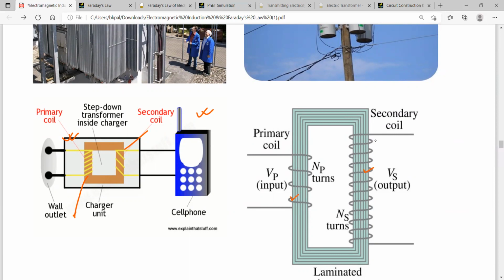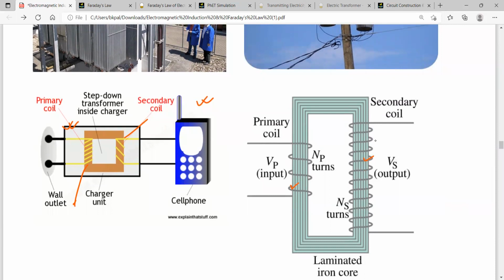Now you see that the number of loops in the primary and secondary coils are different. Depending on the number of loops in the primary or secondary coil, a transformer could be step up or step down.